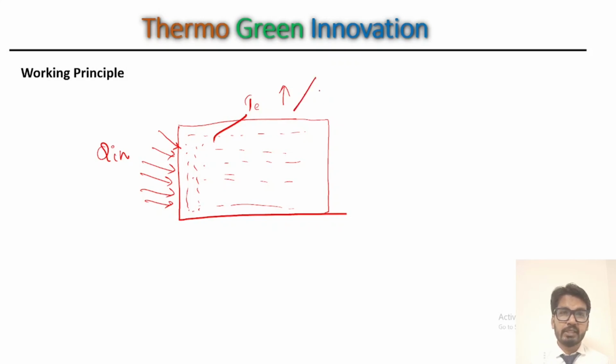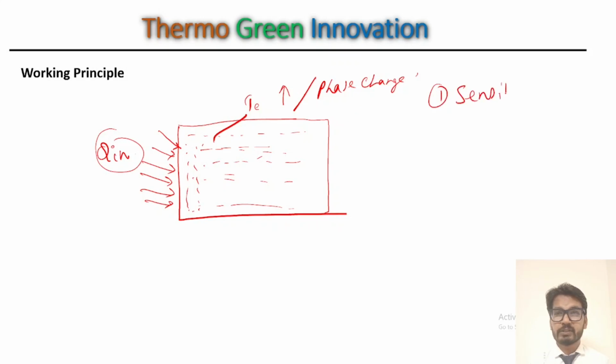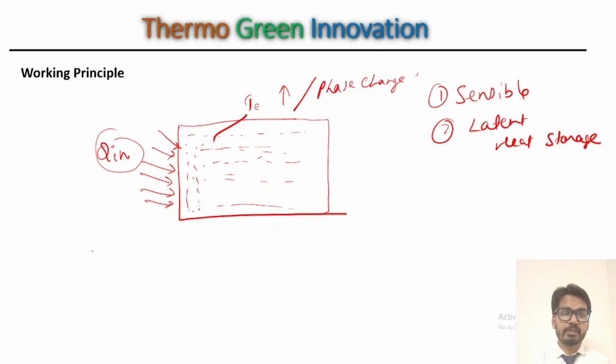Or it can go under phase change. Phase change phenomena can also take place. So in both the cases, the heat is transferred from one source and gets stored here. When temperature changes, it is sensible heat storage, and when phase changes, it is latent heat storage. This is a very basic principle of heat transfer which applies to the thermal energy storage.